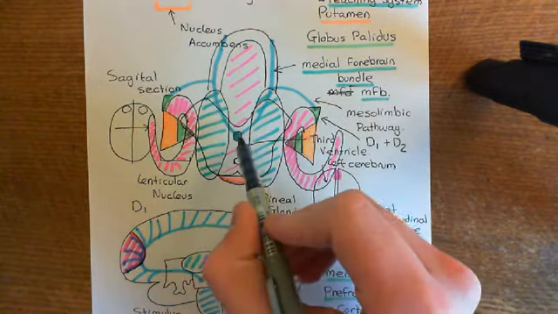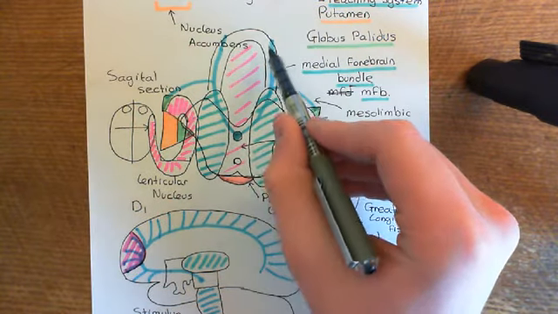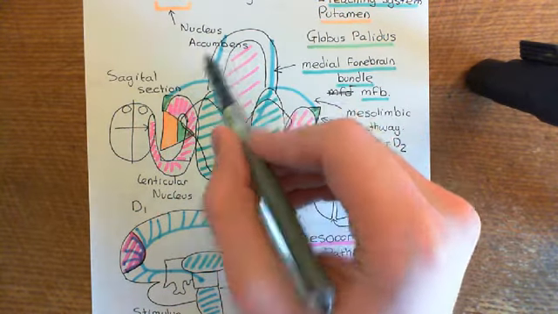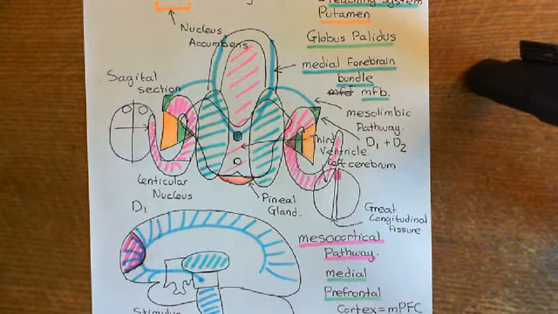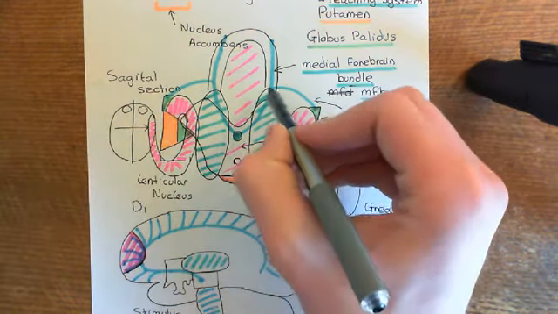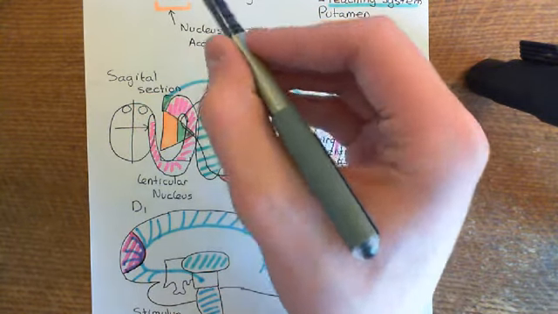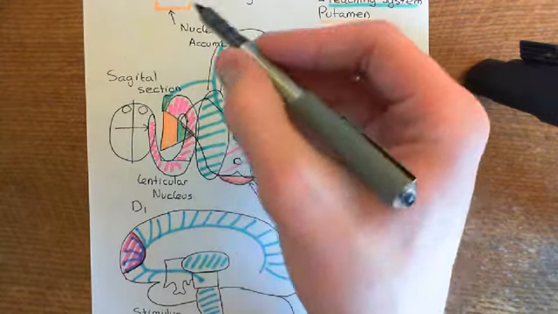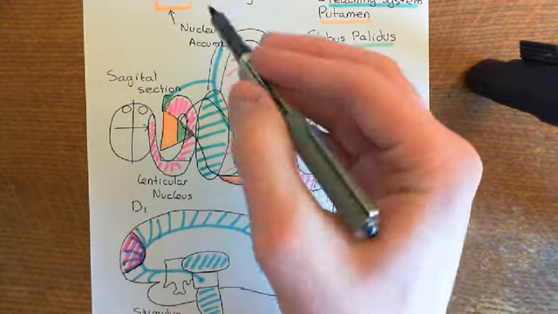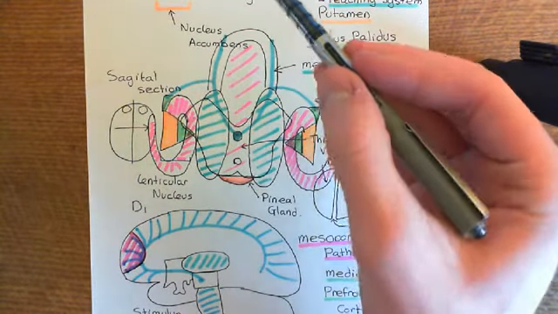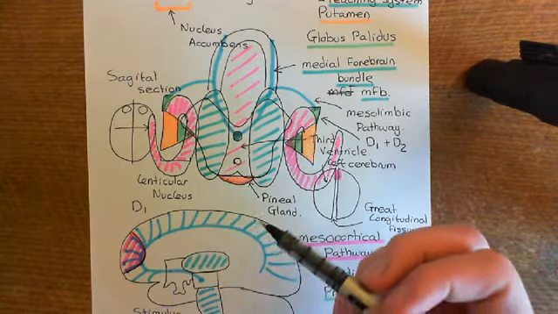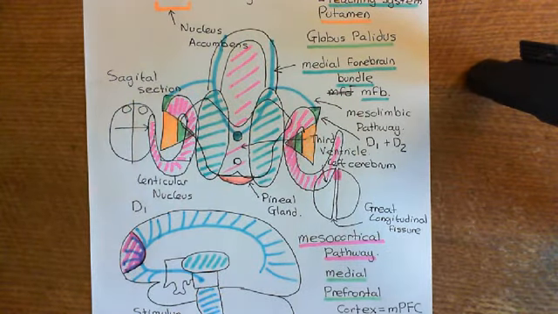It involves dopaminergic axons being sent into the medial forebrain bundle, and you have two medial forebrain bundles, a left and a right. These will go forward, and the left medial forebrain bundle will supply the cortex of the left cerebral hemisphere, and the right medial forebrain bundle will supply the cortex of the right cerebral hemisphere.